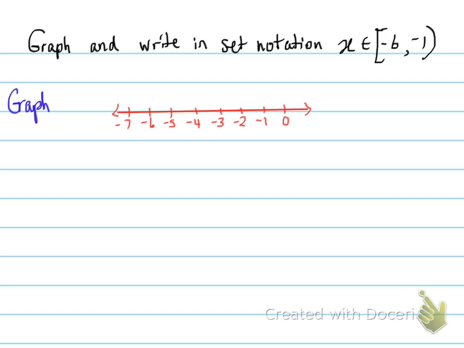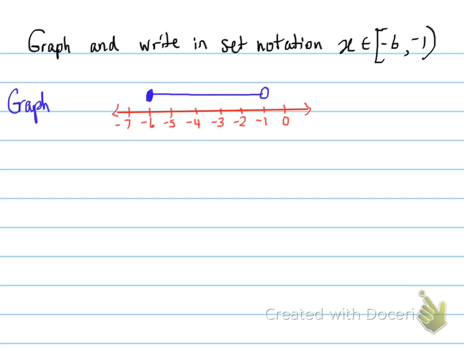That is, at -6, we will put a closed circle. Then we will put an open circle at -1, and a line in between. So what do we have? From -6 to -1, closed at -6, open at -1, and folks, here is your number line. We've graphed it on a number line.